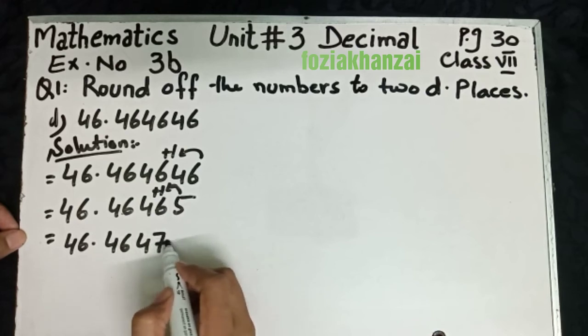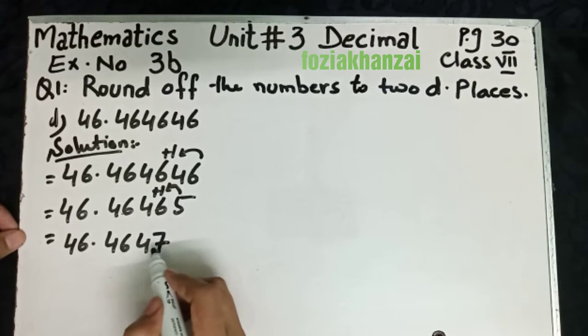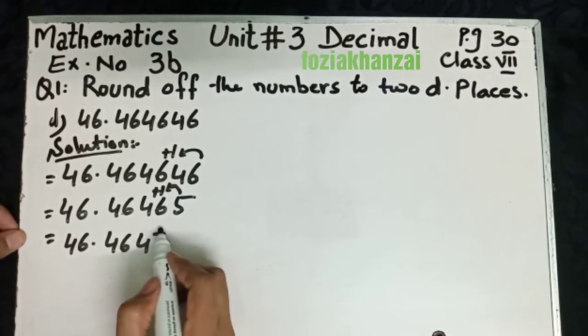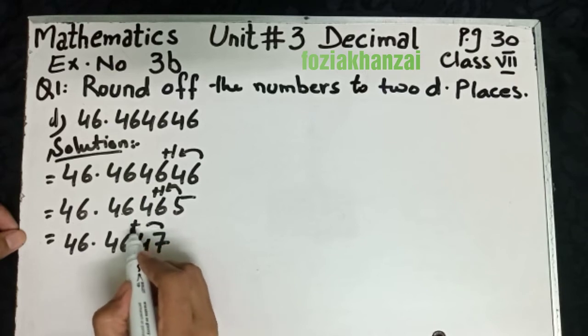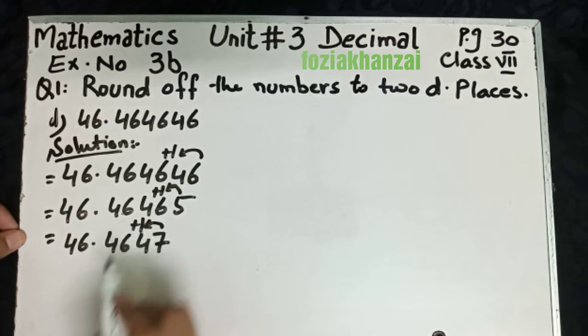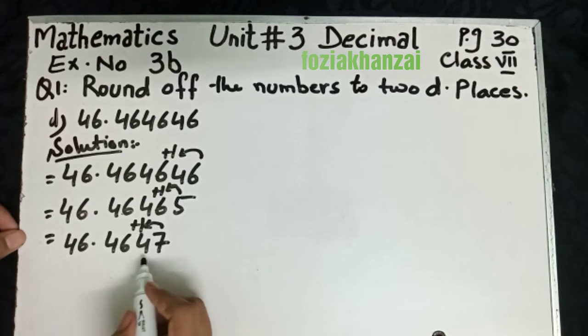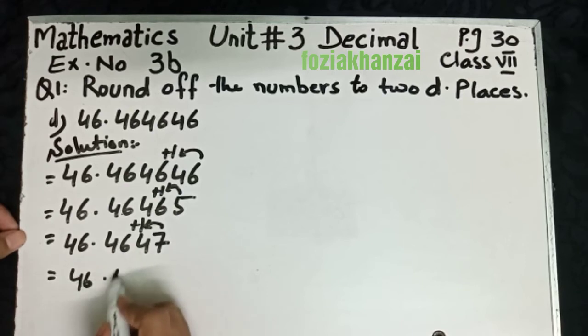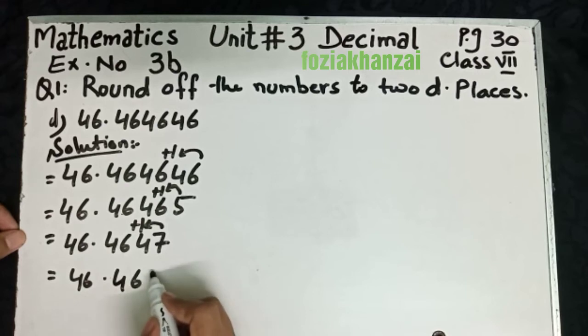46.4647. Okay, next step. Now the last digit 7 is greater than 5, we add plus 1 to the previous number. The previous number is 4, so this 4 becomes 5. 46.465.